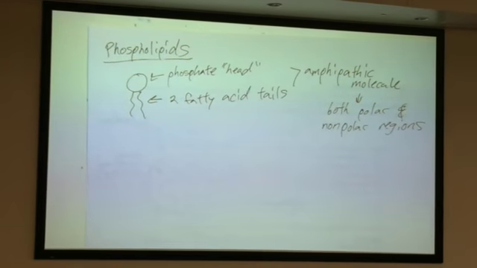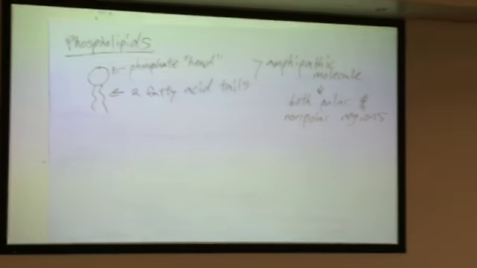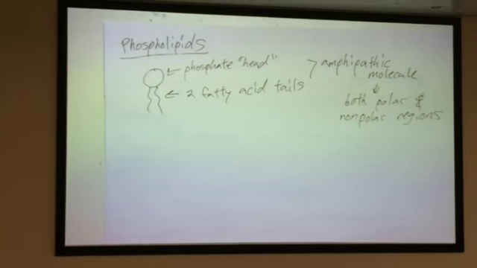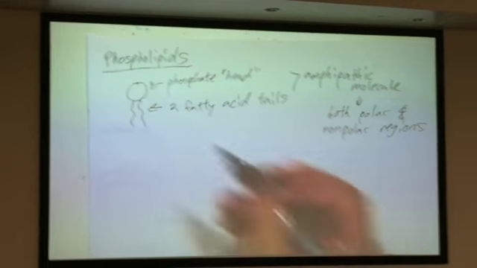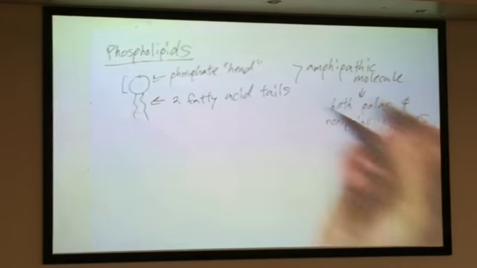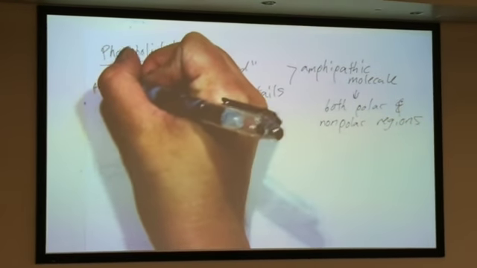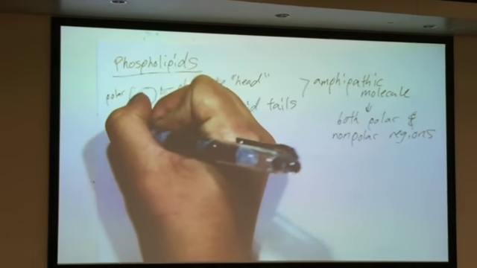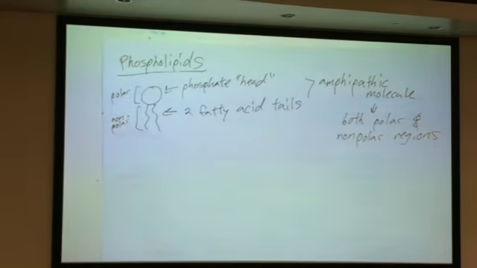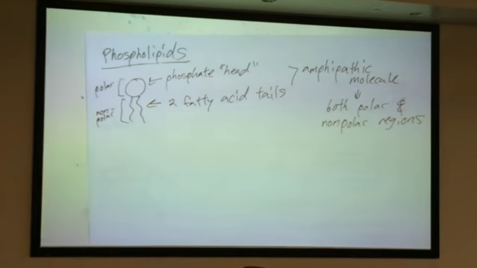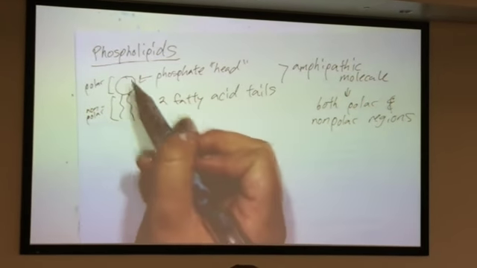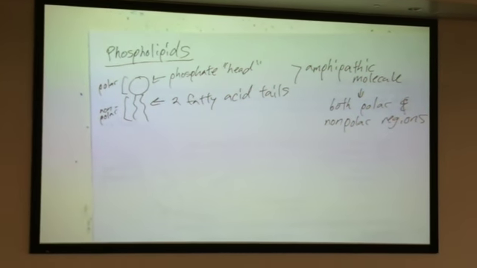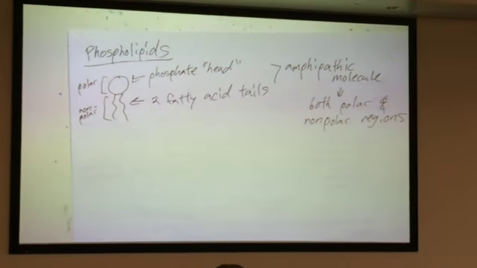So we could also define this as they have both hydrophilic and hydrophobic regions, okay? So this is going to be our polar, and this is our non-polar. This section will be hydrophilic, means it likes water. The bottom section is hydrophobic, means it doesn't like water.